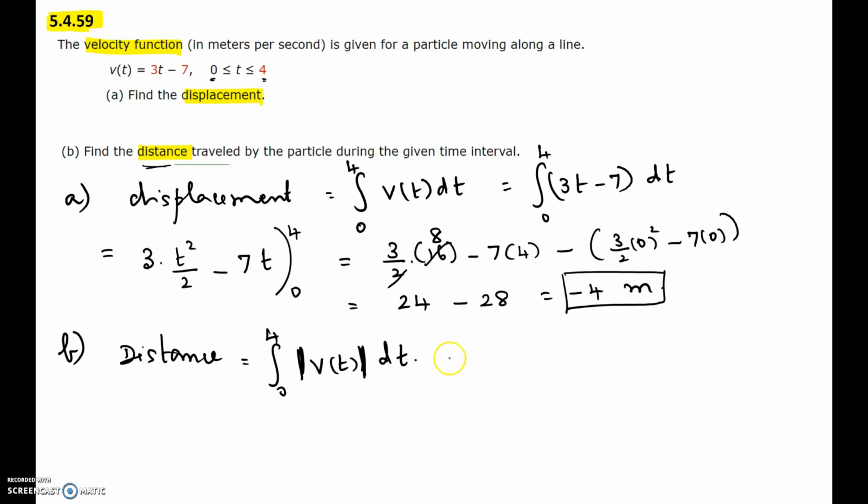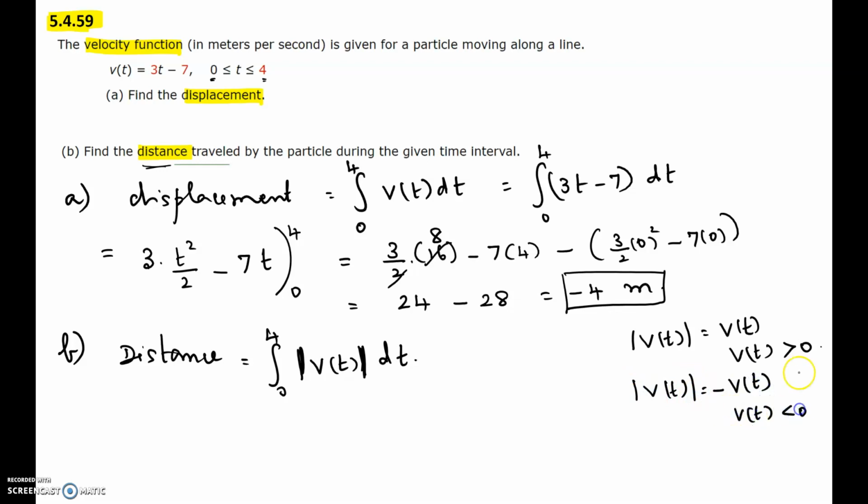So in this case, we are going to graph. Because it is absolute v of t, we have to see where the graph is positive or where the graph is negative. So absolute v of t is v of t itself whenever v of t is above the t-axis, and absolute v of t is the negative of v of t, the opposite of v of t, whenever v of t is less than 0.